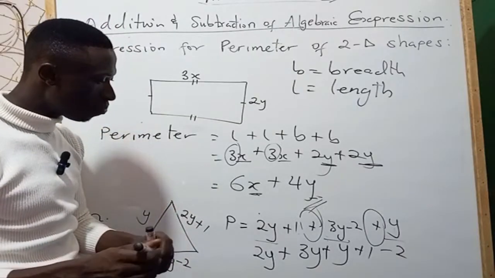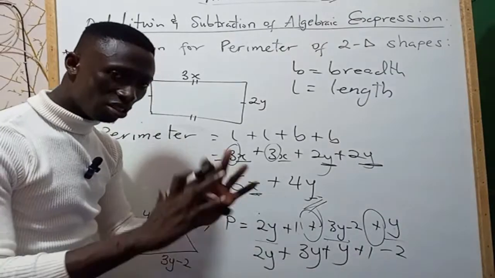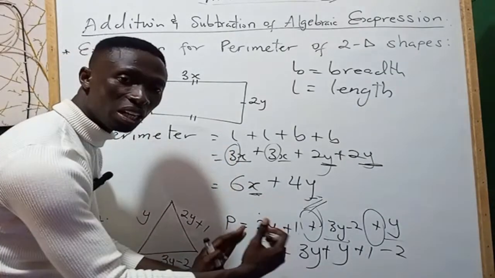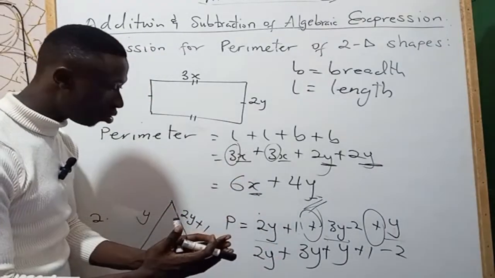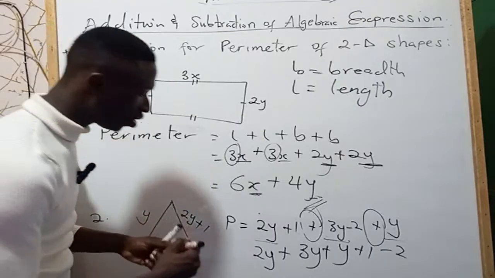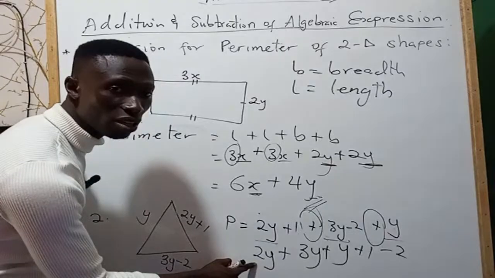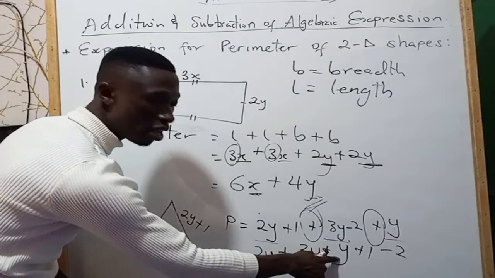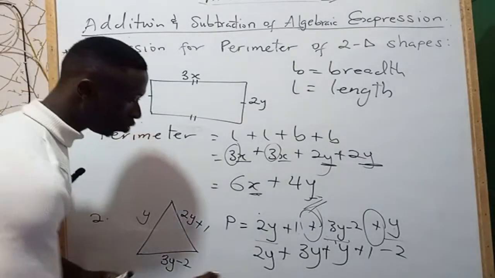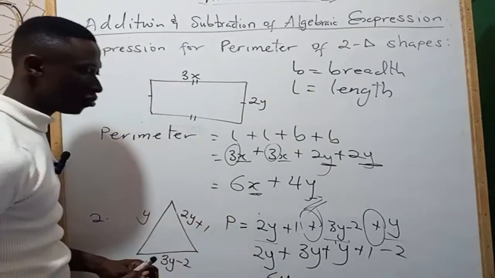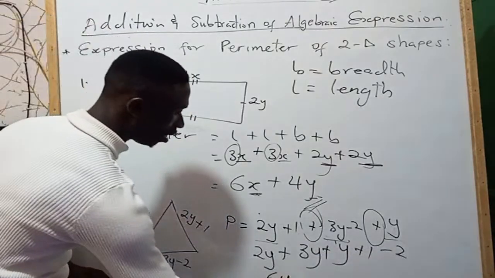That's the same thing we did here. We have y and y, the same variable, so I can put them in the same container and group them. So 2y plus 3y is 5y, plus y is 6y. The coefficient of this y is 1, and we don't write it. So we have 6y, then 1 minus 2, which is minus 1.